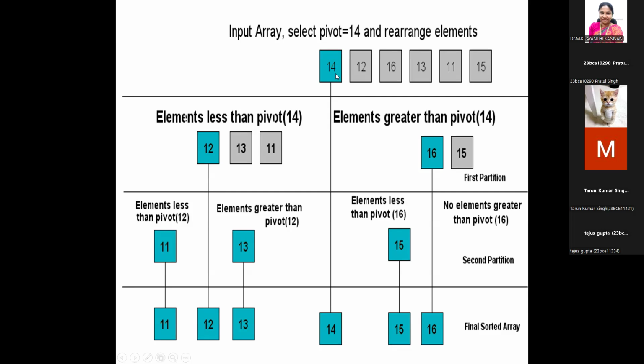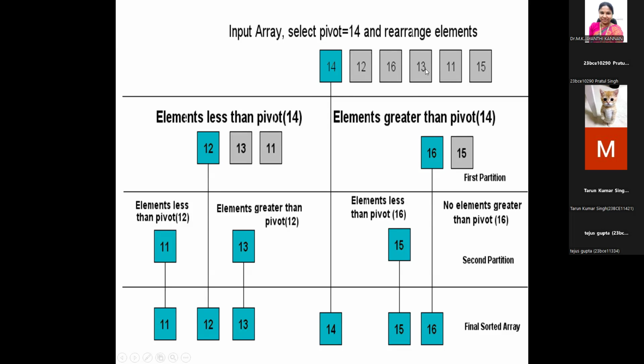So here we are taking 14 as the pivot element. We will compare the pivot with the next number. Here 12 is smaller than pivot. We will keep it in the elements less than the pivot 14, this side. Again 14 is compared with 16. 16 is greater, so the elements greater than pivot 14 will come this side during the first partition.